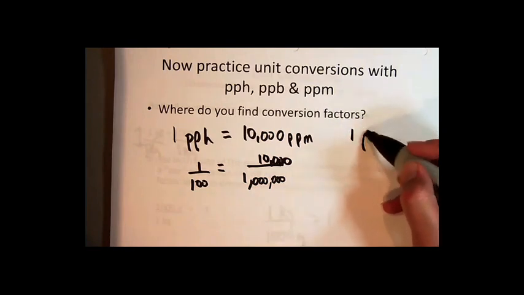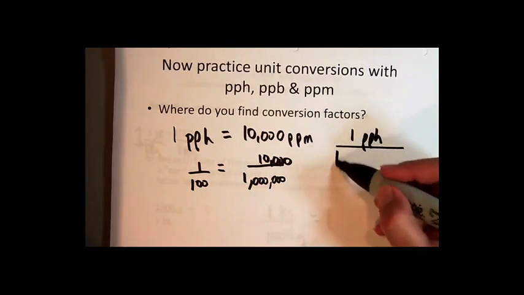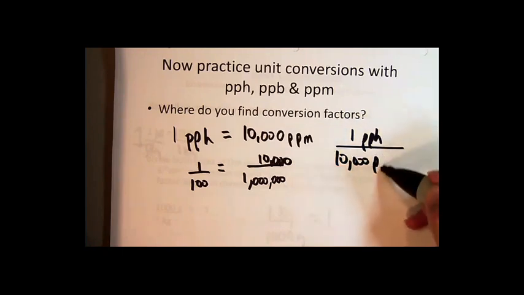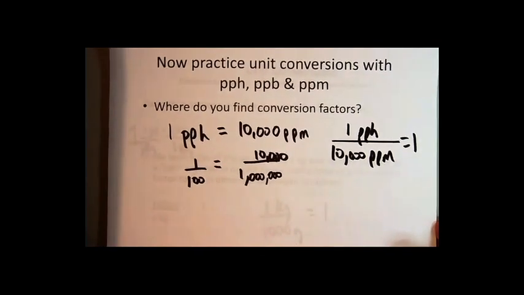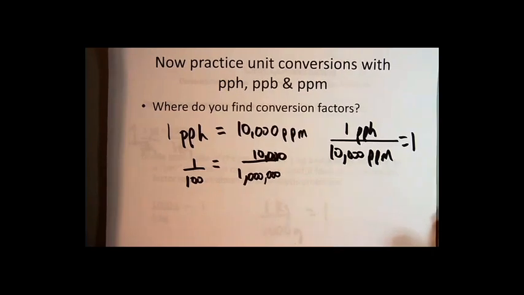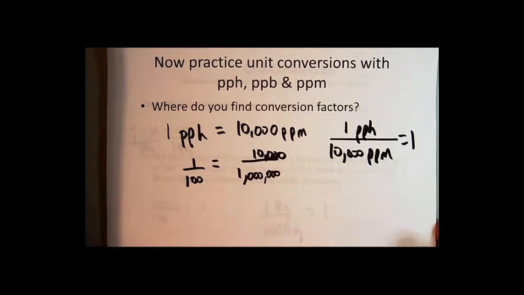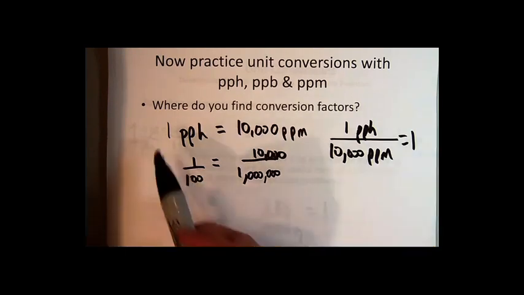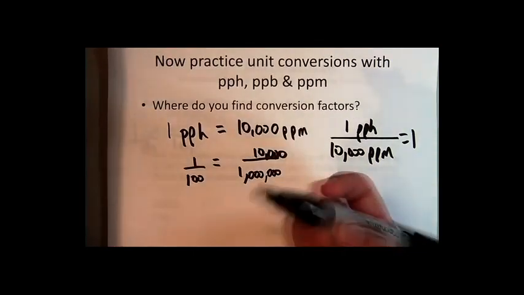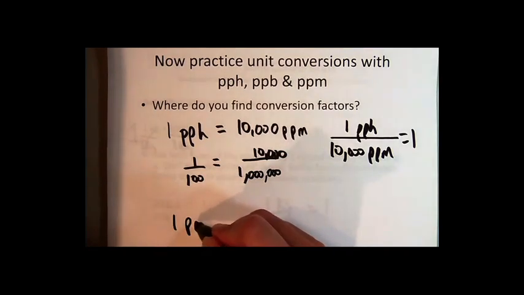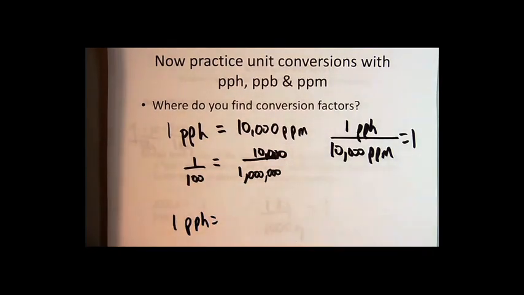1 part per 100 over 10,000 parts per million is the same as 1, because it's an equality. So you can do conversions in a very analogous way to how you do with the metric system, going from pph to ppb to ppm. Okay, so I just told you that 1 part per 100 is the same as 10,000 parts per million. 1 part per 100 is equal to, what do you think, parts per billion?